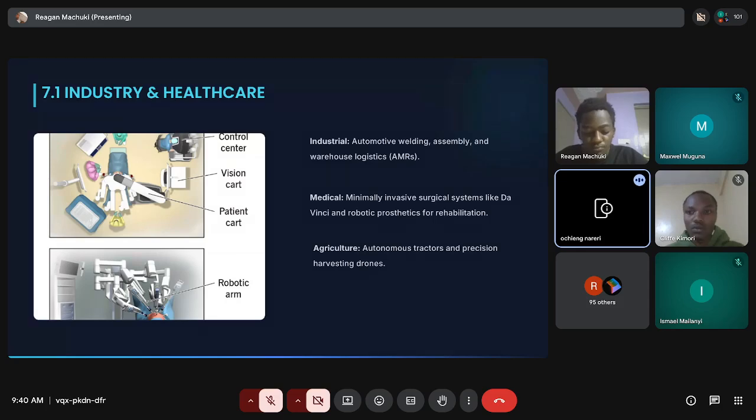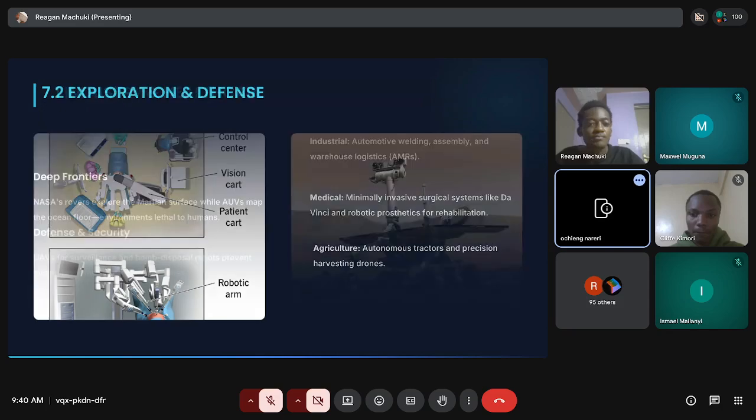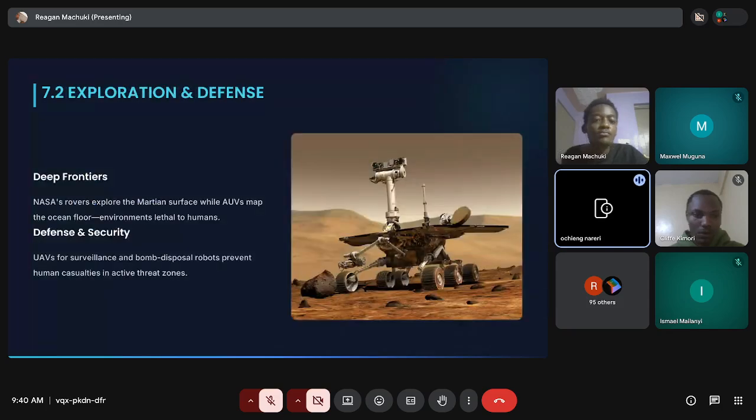in the form of autonomous tractors and precision harvesting drones. They are also used in exploration and defense to explore deep frontiers, which are places where humans would otherwise have trouble exploring or accessing.